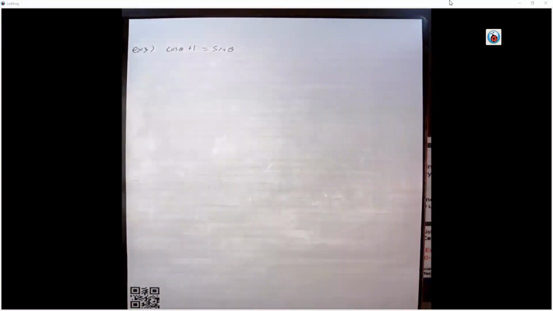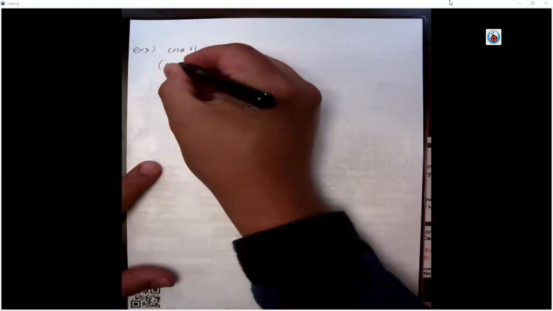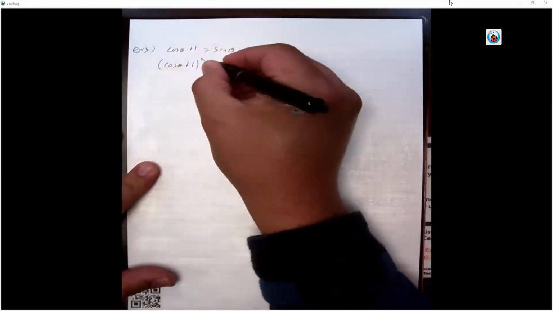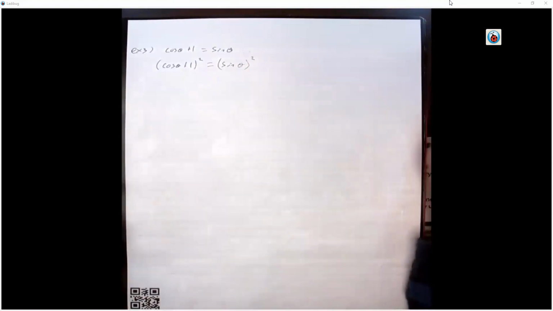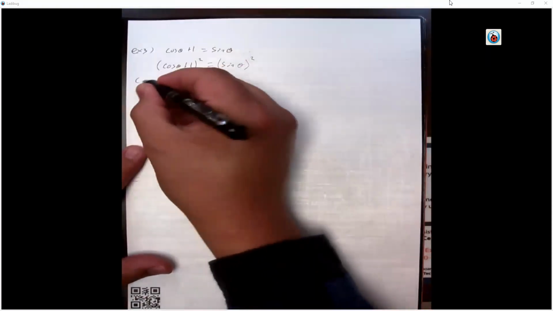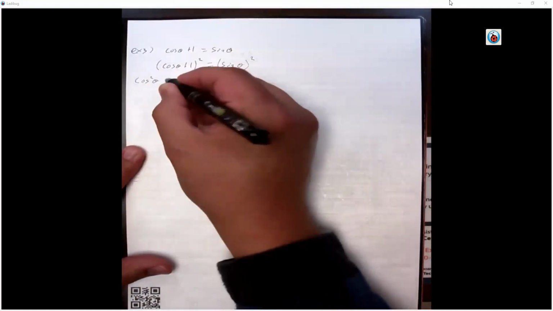There's no squares, there's no double angles, there's nothing that's in common. So you're kind of just stuck. So what you have to do is force the problem. When you're in this kind of scenario, square both sides and start using identities that come with the squares. So when you square it, then you can do Pythagorean theorem, etc.